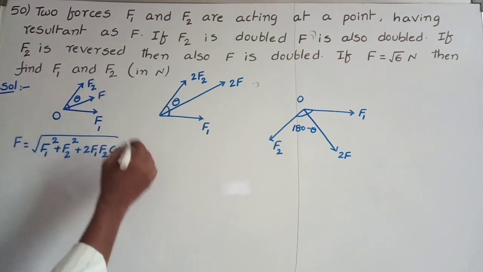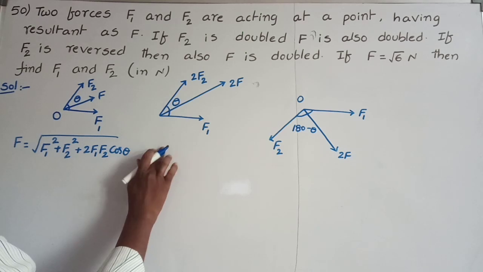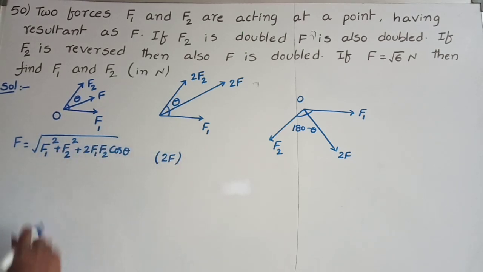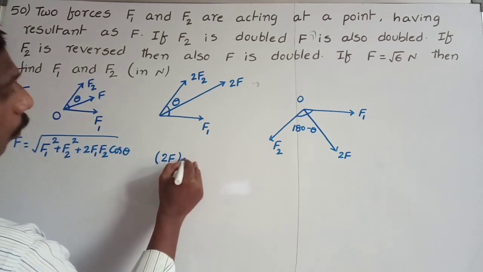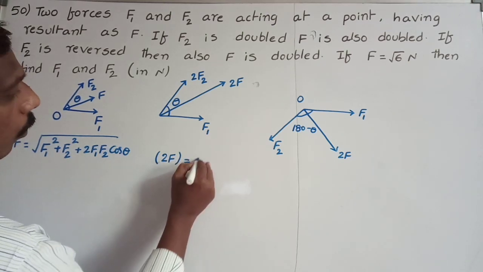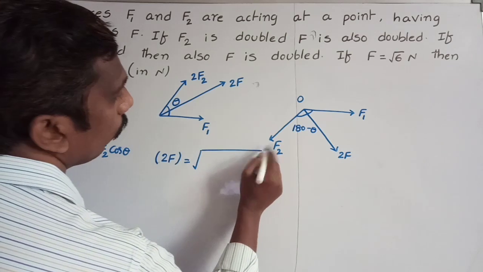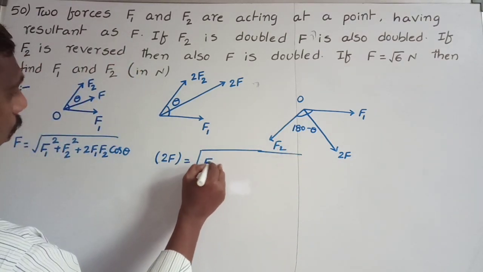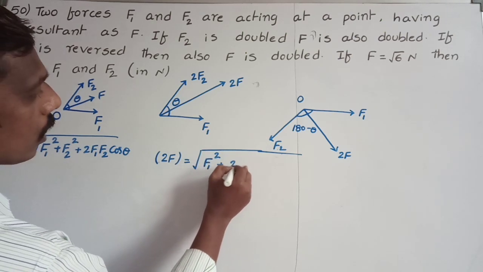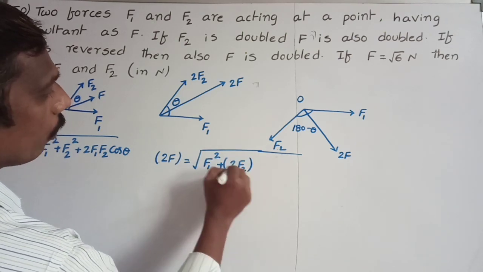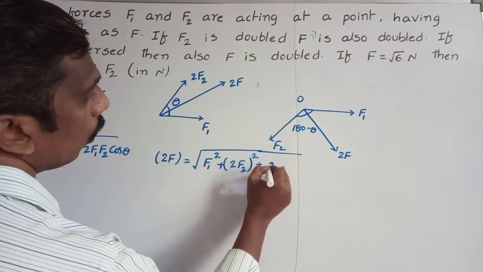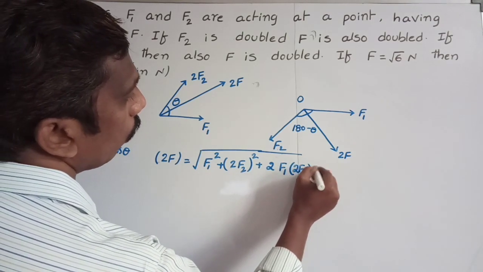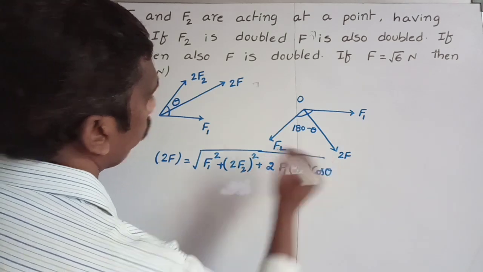In this, 2F whole square is equal to, or resultant magnitude 2F is equal to resultant magnitude under root of F1 square plus (2F2) square plus 2 into F1 into 2F2 into cos theta.